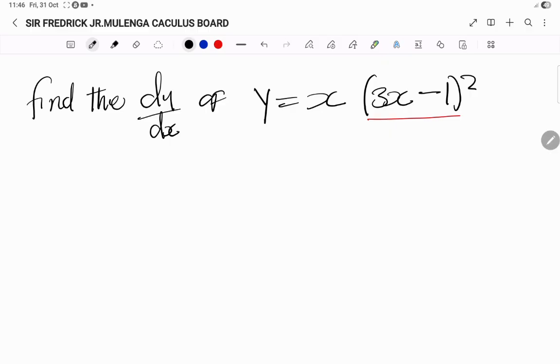The product rule says that if you have a function which is like u times v, others use other letters. These are just letters, but the concept is the same.